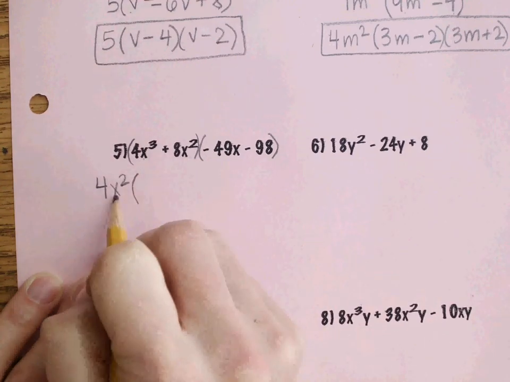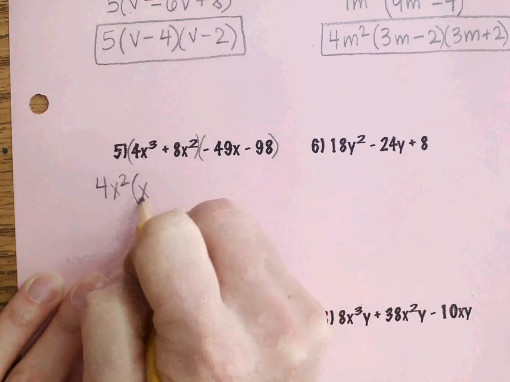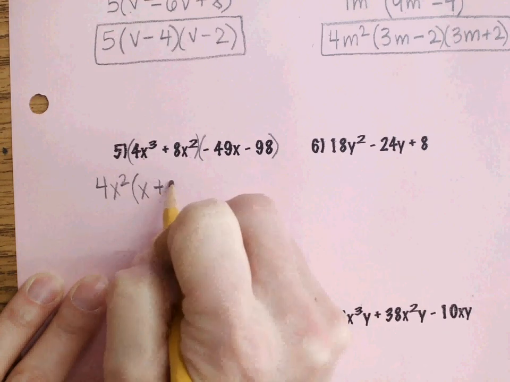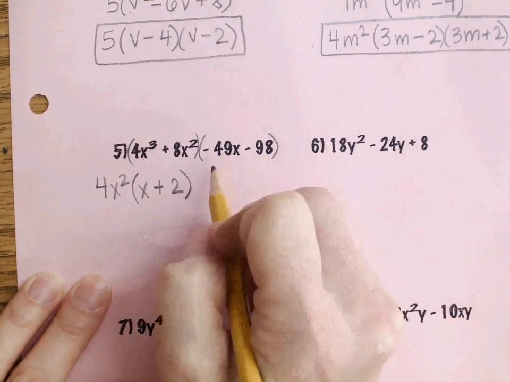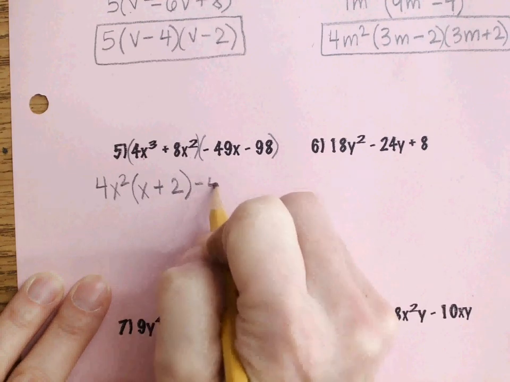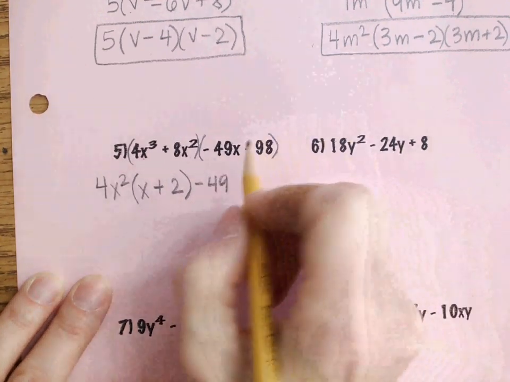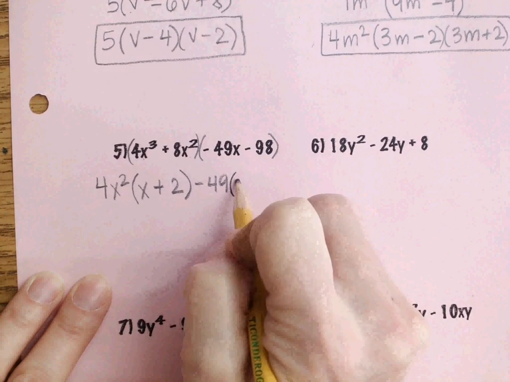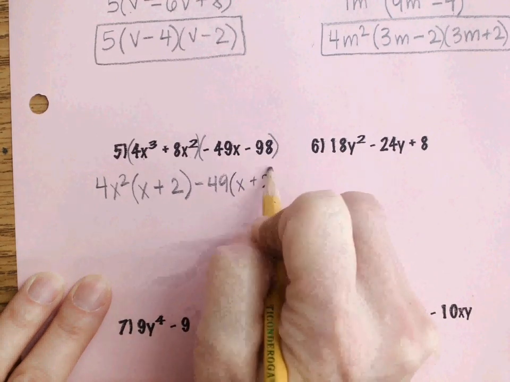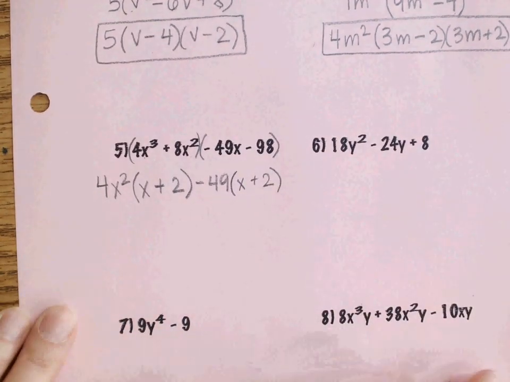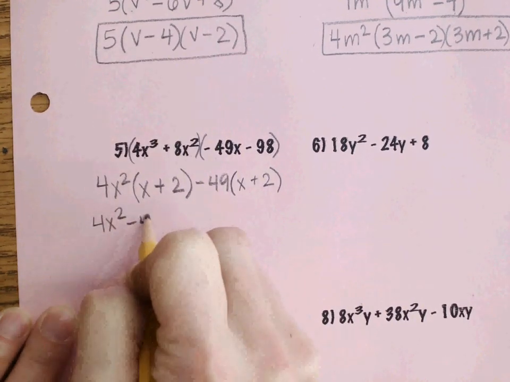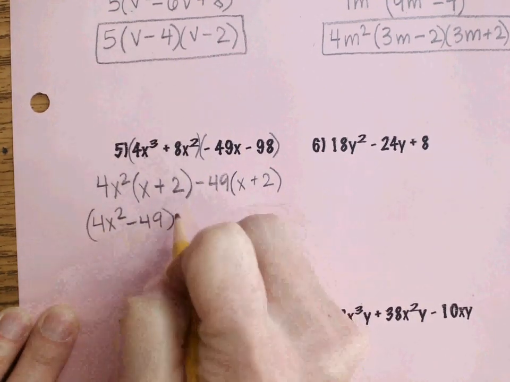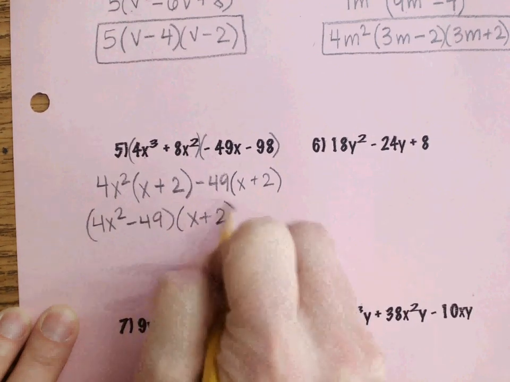Divide each one by 4x squared, so I get x plus 2. My next one, I'm going to divide out a negative 49. When I do that, I get an x plus 2. When I rewrite this, I get 4x squared minus 49, and then x plus 2.